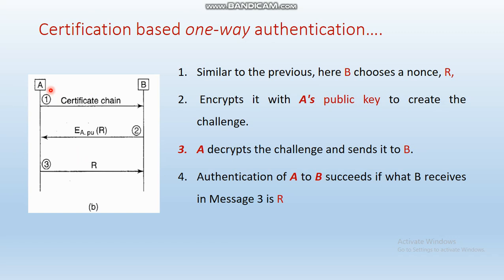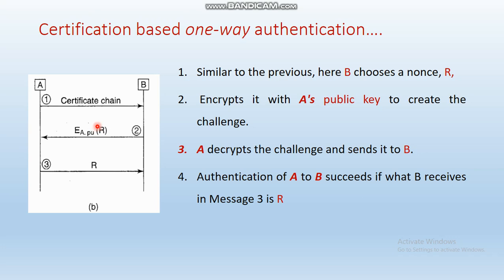So here there is a difference between the previous slide and this current slide. In the previous slide we have seen that party A sends a certificate to B, and in the second step B sends an R value, a random number, to A. What's the difference here is that party B is going to send the R value in encrypted format.